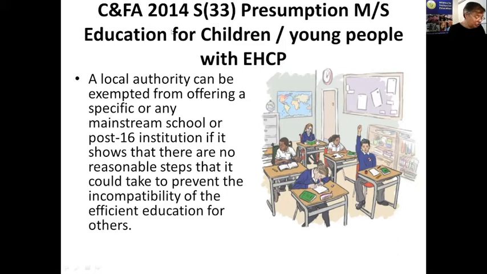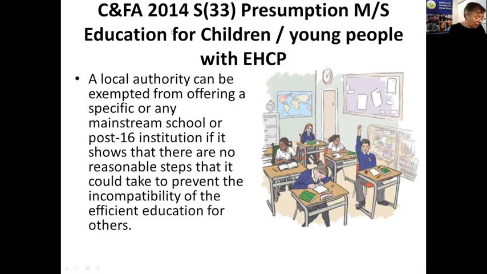This also includes other institutions, such as further education establishments. It is important to note that these Section 33 exemptions are the only exemptions which a local authority can rely on to refuse to educate a child or young person in mainstream settings.